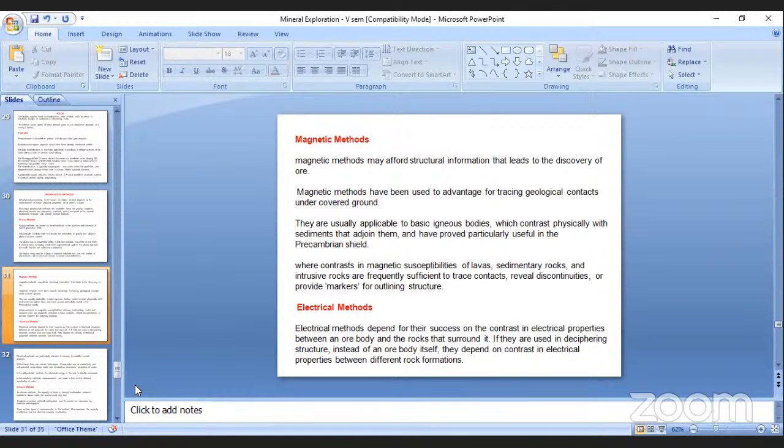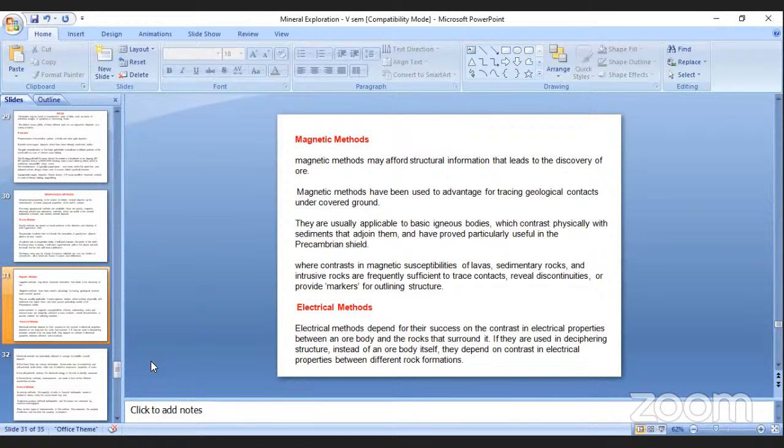And the next one is the electrical method. The electrical methods depend on the contrast of electrical properties between the ore body and the surrounding formation of rocks.